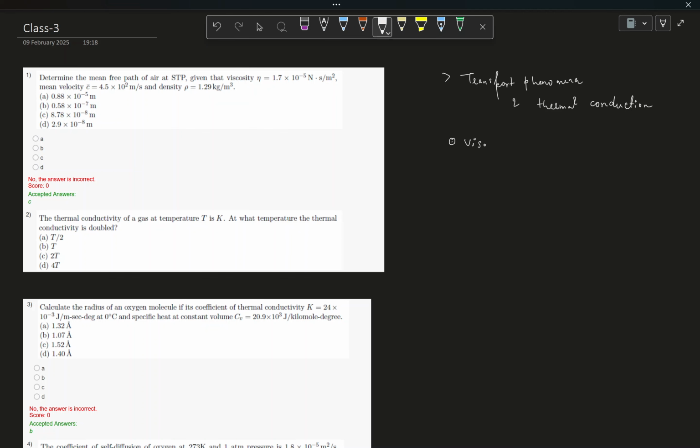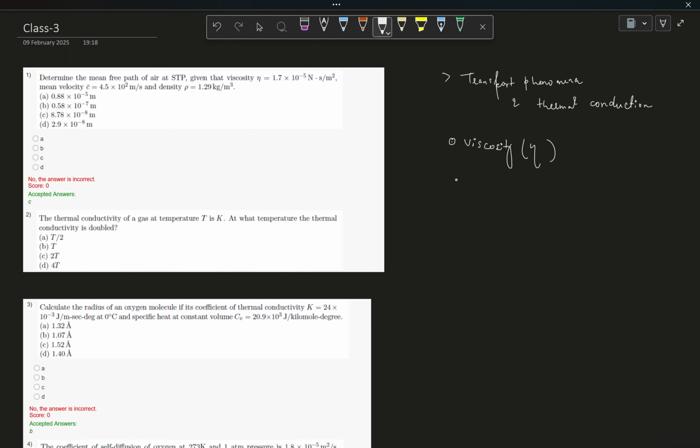I am basically summarizing these in a bullet point first, so that when we discuss the assignment problems, it will be better for us to categorize what topic it is related to, and how to approach that problem exactly. So we have viscosity. The coefficient of viscosity we term as eta.